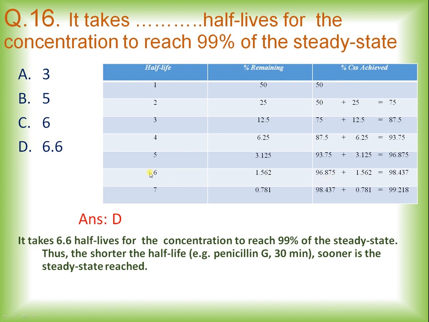So hence it is said that 6.6 half-lives are required for the concentration to reach 99%. So if you want to reach 99% of the steady state, it requires near about 6.6 half-lives.